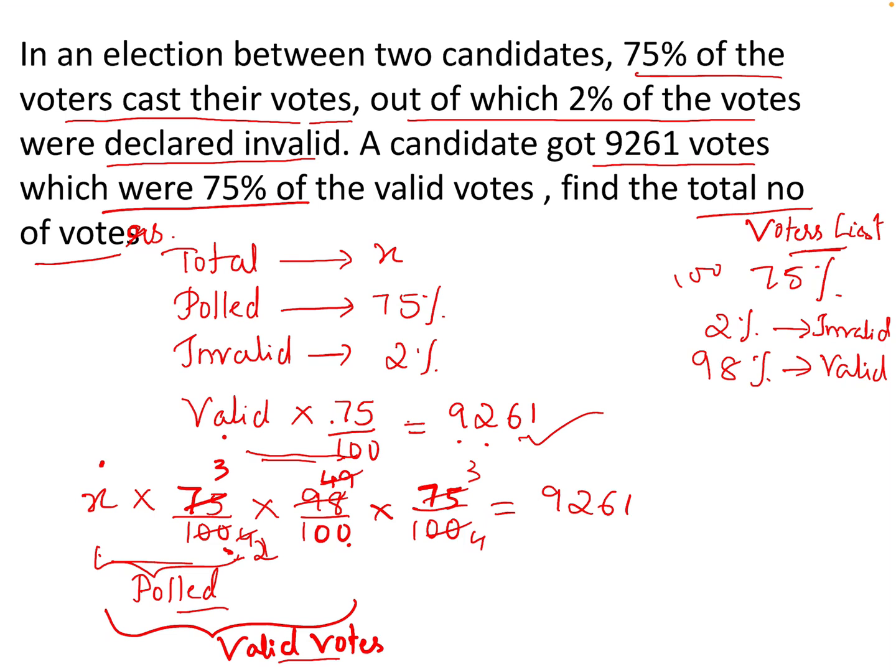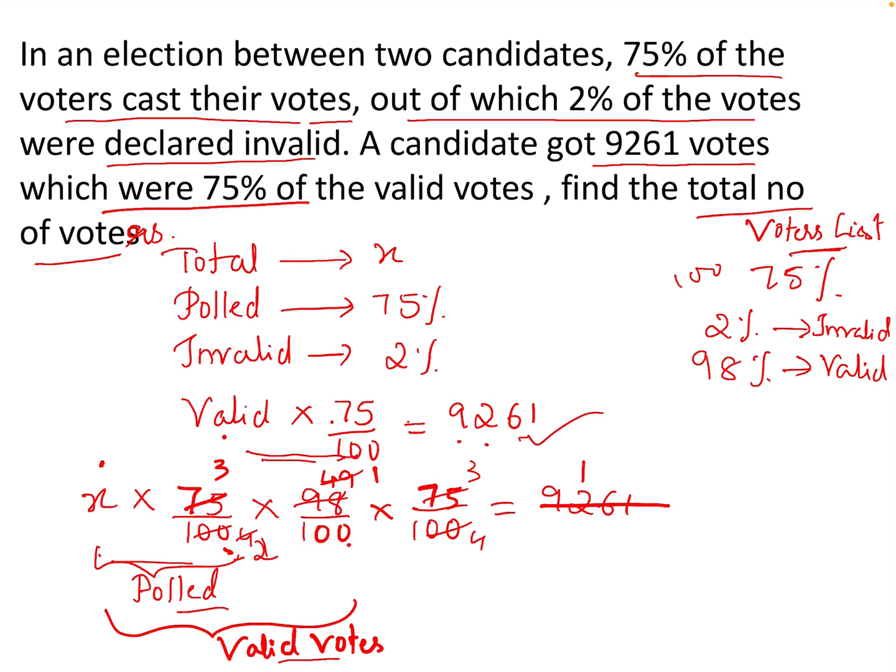49 1s are 49, 49 2s are... okay, 49 1s are 49.